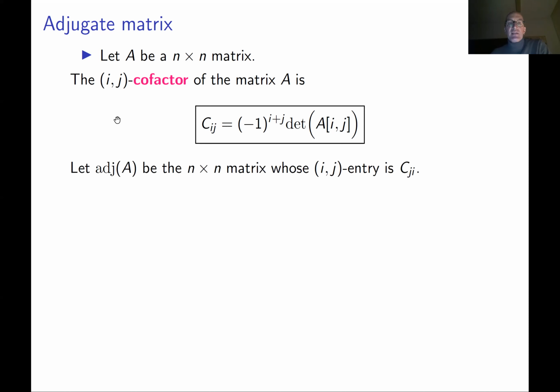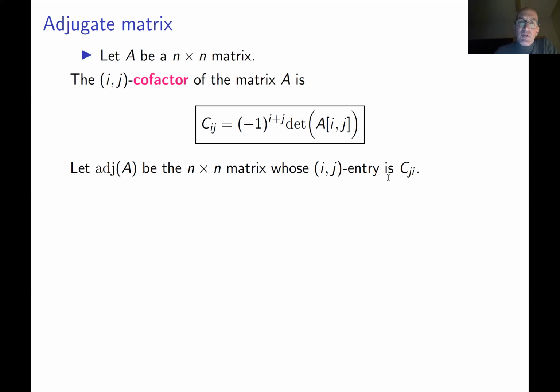Okay, and then let's create a new matrix, called the adjugate matrix of A, denoted adj(A). By definition, this is an n times n matrix whose ij entry is C_ji.